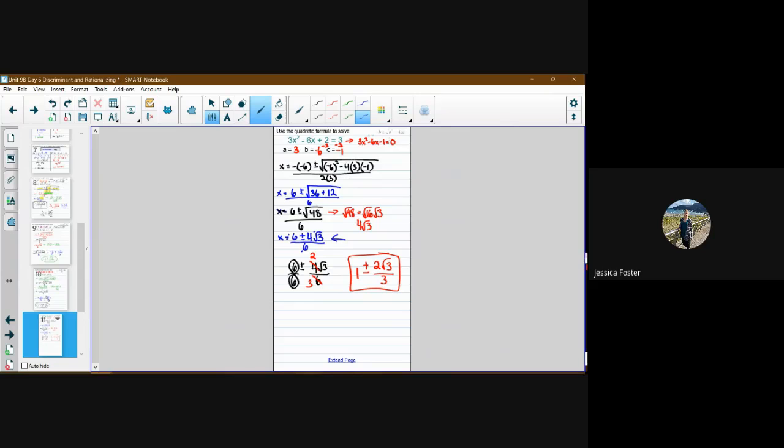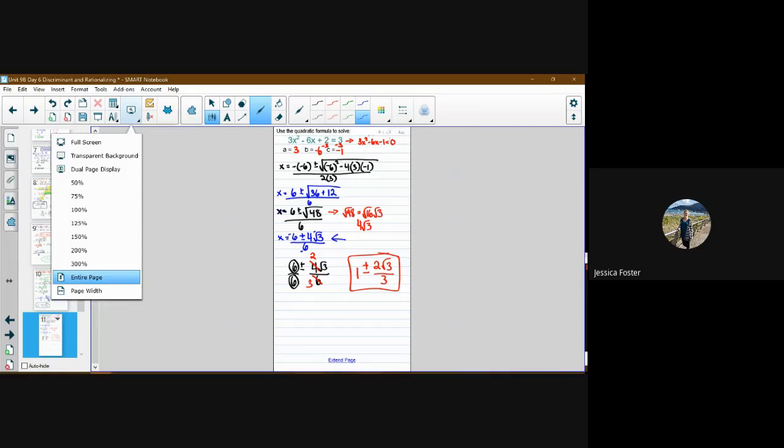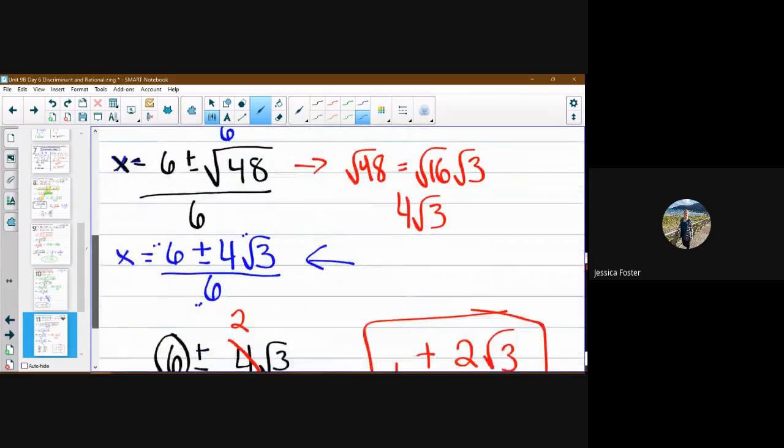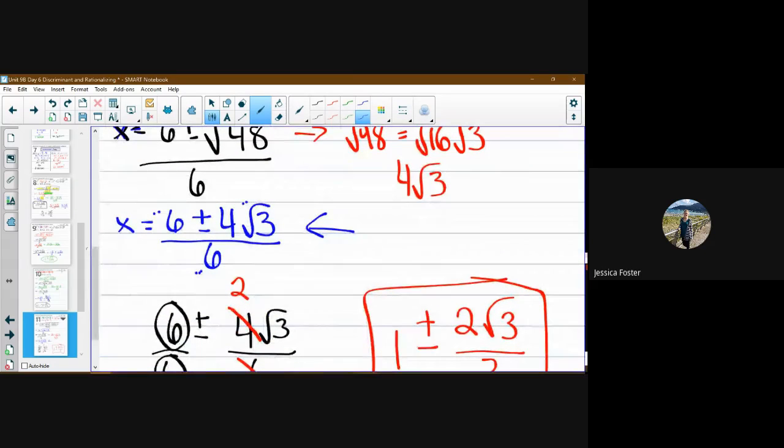Since 6 doesn't go into all 3 of these terms, we have to be a little bit more careful. So let me zoom in a little bit so we can see this better. If I had wanted to simplify this as it was without breaking it up into two different spots, we can do that.